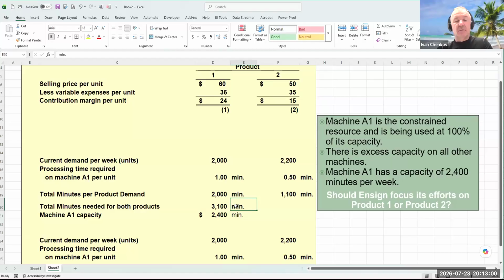So we are short on minutes, and we are short in fact 700 minutes.